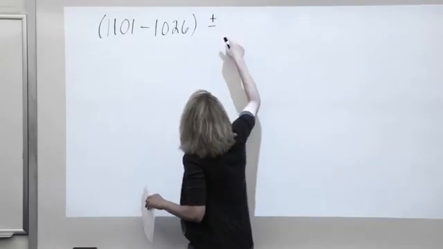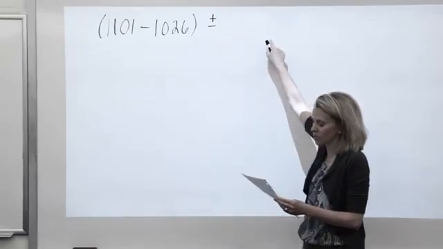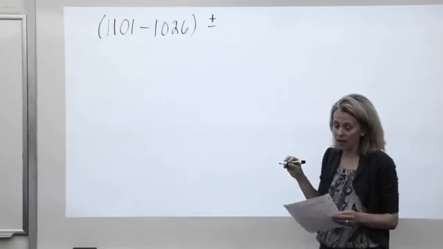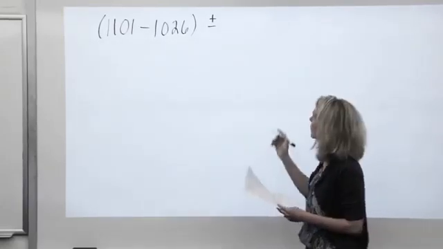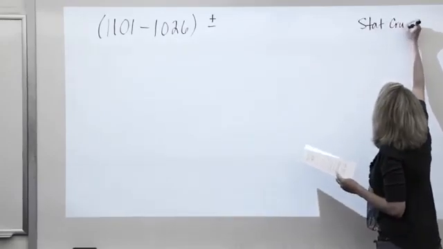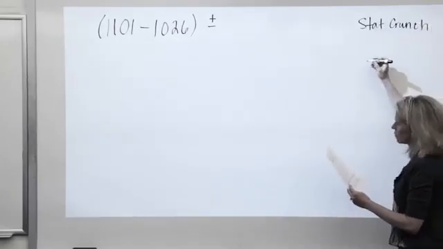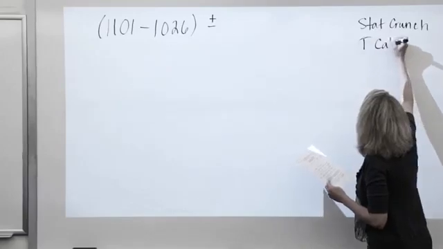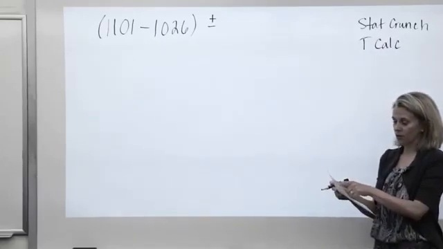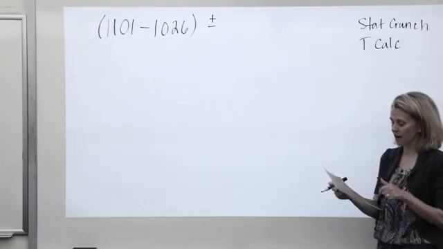Plus or minus, we'll have a critical t-score here. This critical t-score you're going to get from StatCrunch. Use that T calculator. Degrees of freedom is given, 124.699.